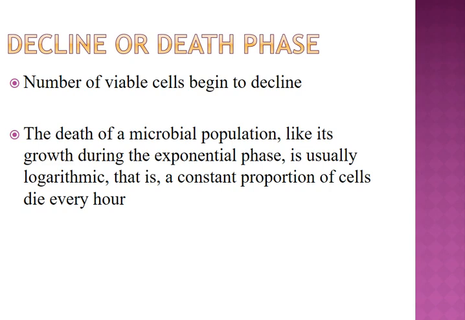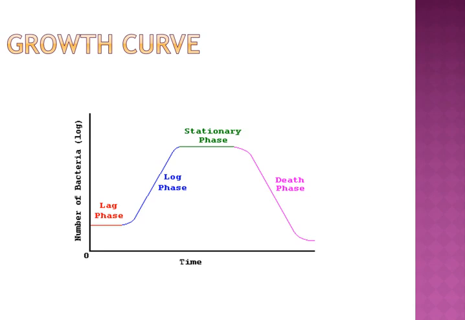So these are the four phases during the life cycle of a bacterium: lag phase, log phase, stationary phase, and death phase. This is the growth curve, which you can see. On the x-axis there is time, and on the y-axis there is the number of bacterial cells. In the initial phase, you can see there is lag phase, with no net increase in the number of cells. Bacteria simply grow in size, they do not multiply.